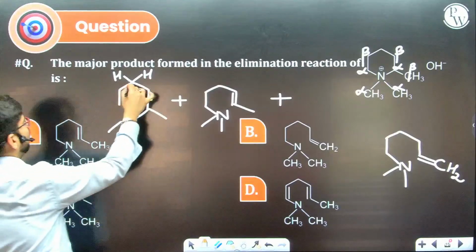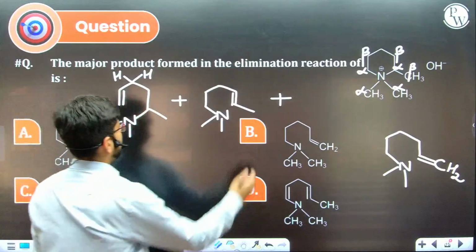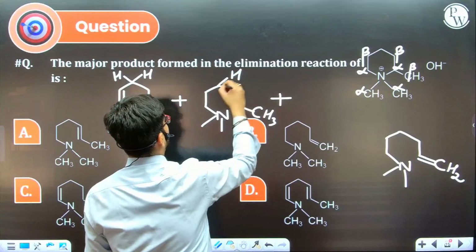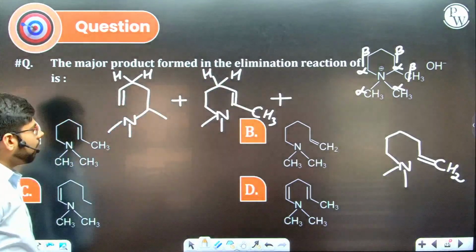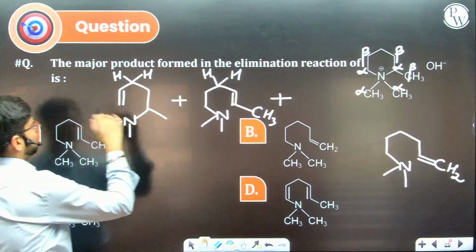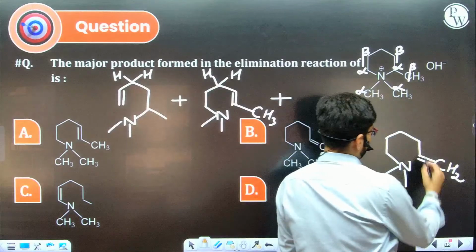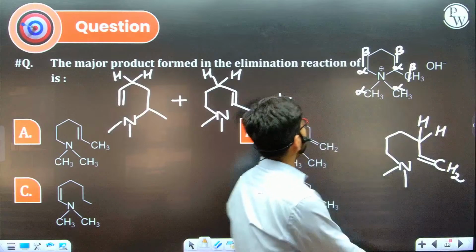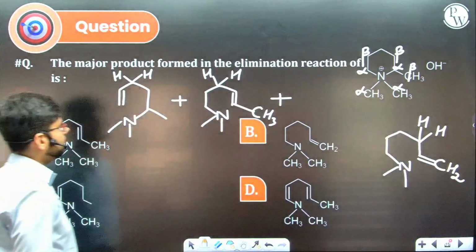These 2 alpha hydrogen atoms, okay? Then here we have 3, here we have 3, and then these 2. So 5 alpha hydrogen atoms. Now look at this. Here we have 2 alpha hydrogen atoms. Right. Now, how do we decide?